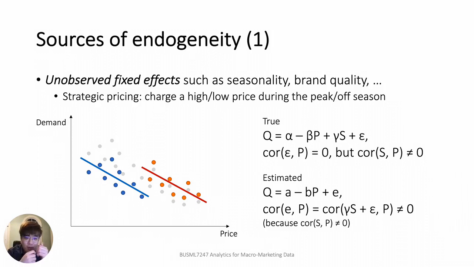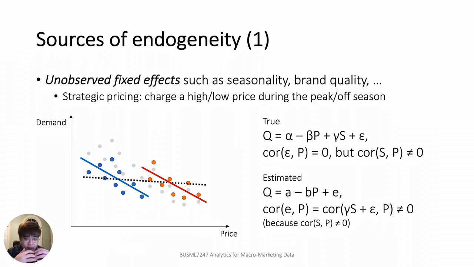Because the price is correlated to the seasonality, the price is also correlated to the error, e. However, the OLS finds the estimate, assuming that the price is uncorrelated to the error. So, the OLS estimate, b, captures the seasonality effect as well as the original price effect.